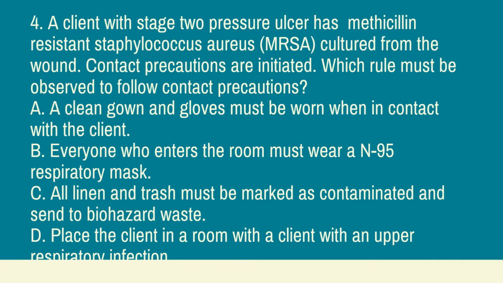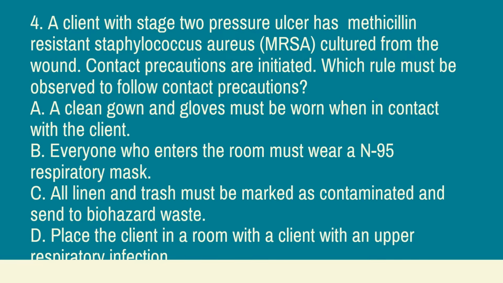Question number 4. A client with a stage 2 pressure ulcer has methicillin resistant Staphylococcus aureus cultured from the wound. Contact precautions are initiated. Which rule must be observed to follow contact precautions? Options. Option A, a clean gown and gloves must be worn when in contact with the client. B, everyone who enters the room must wear an N95 respiratory mask.